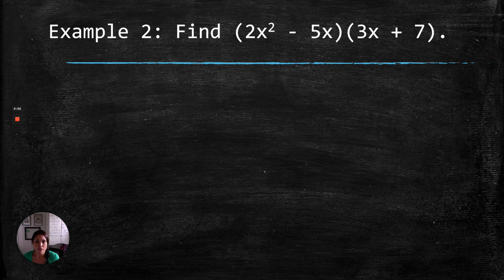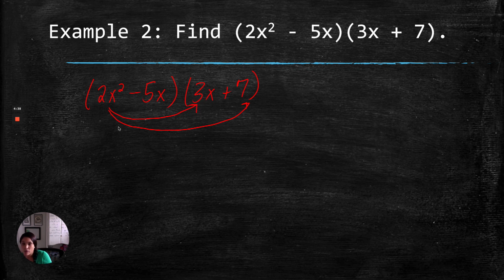Example 2, find, in parentheses, 2x squared minus 5x times 3x plus 7. So here we need to distribute. Let me rewrite my problem. Okay, so I'm going to distribute the 2x squared minus 5x first to this first term and then to the second term.